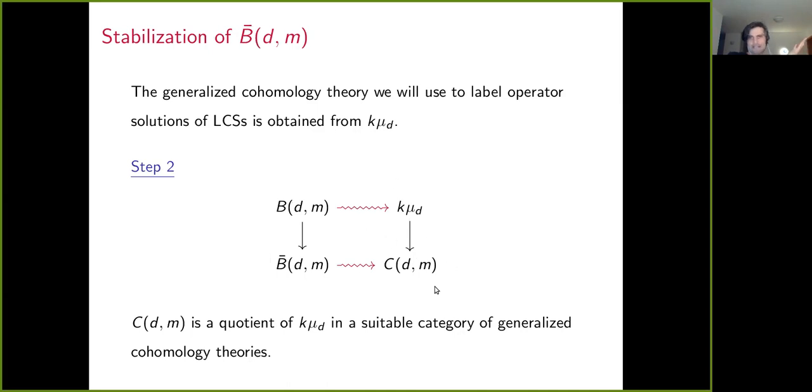But now the quotient takes place in a different category. You can think of the category of stable spaces or the category of generalized cohomology theories. They are essentially the same thing. I'm not going to go into details, but there's a way of obtaining another generalized cohomology theory from K mu D, which can be used as a stabilization of the B bar space.